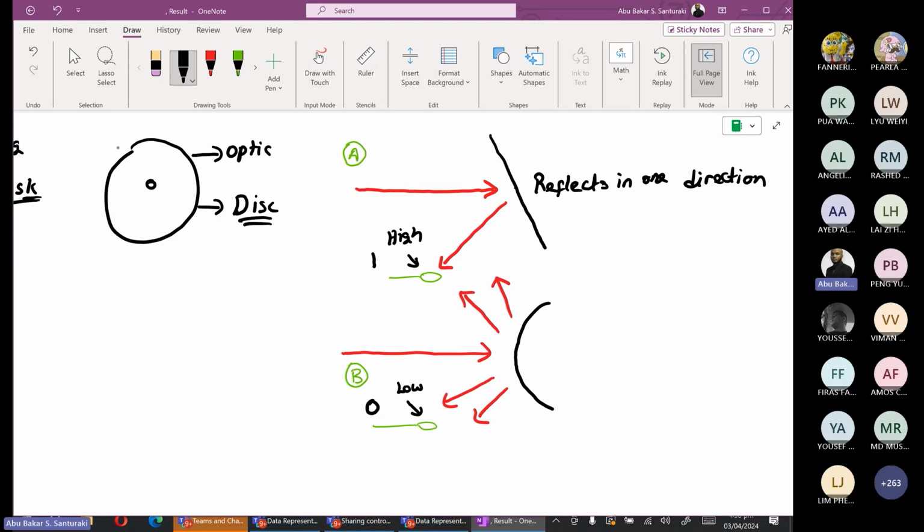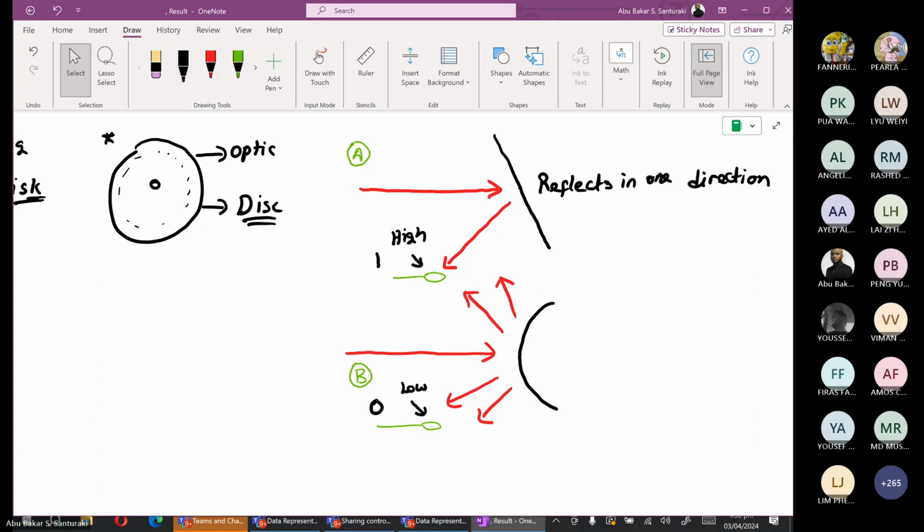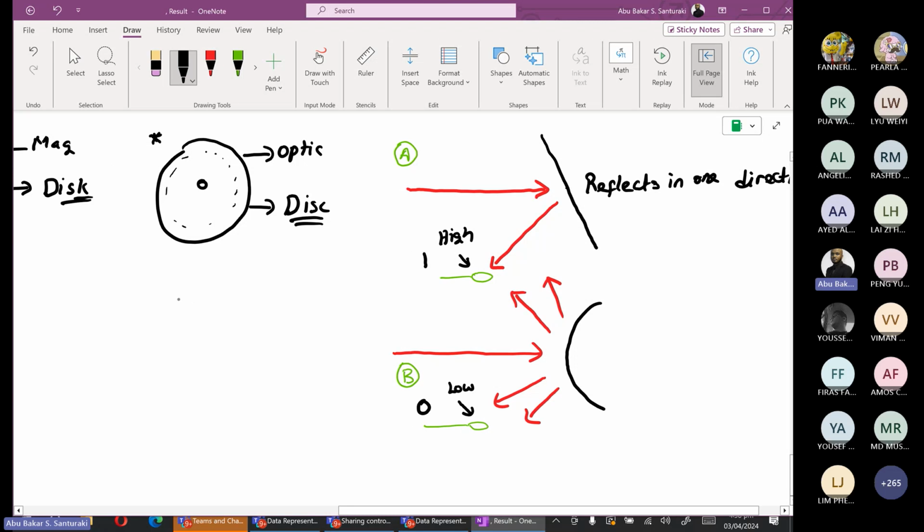So on the optical disc, how does that actually work? Inside the optical disc, there's a special material that is like candle wax. It's called lacquer. So this lacquer material, if you heat it up, imagine it's just a piece of candle wax in a bowl. If you heat it up, what happens?